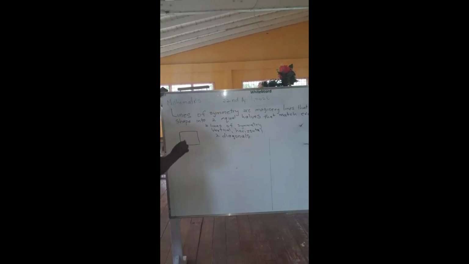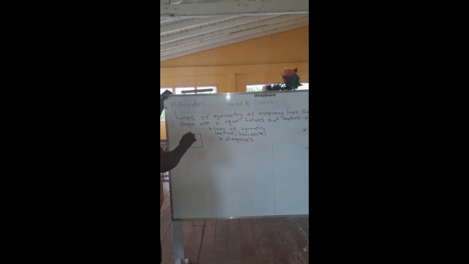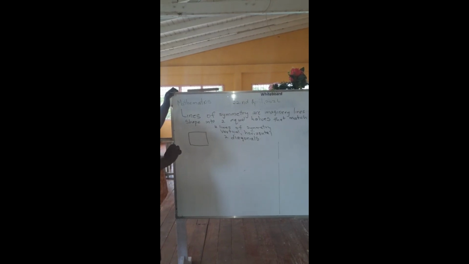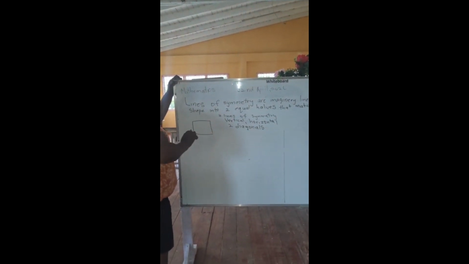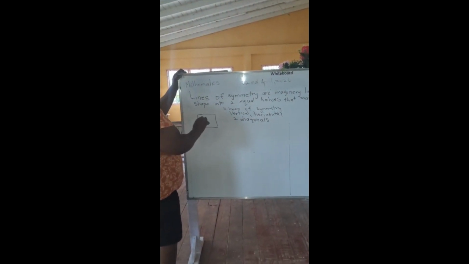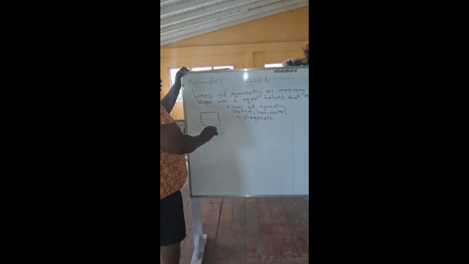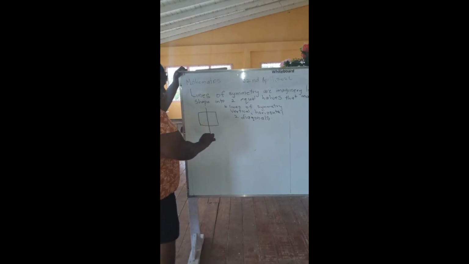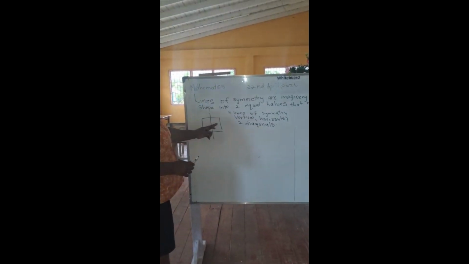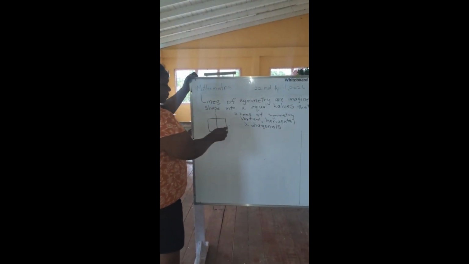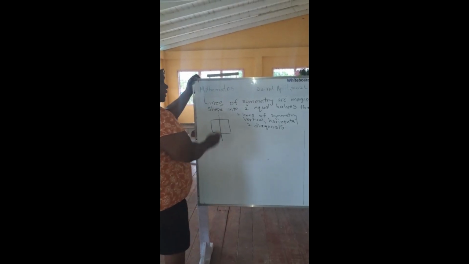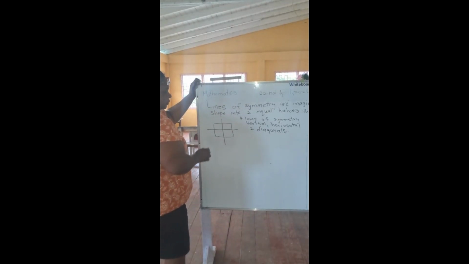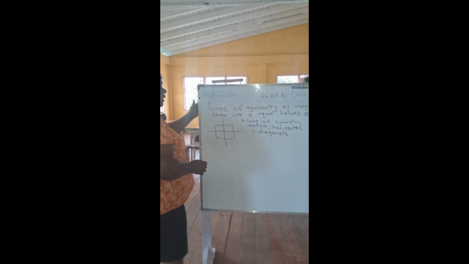So let's divide this shape now, put in our imaginary line or line of symmetry. The square has 4 lines of symmetry. Let's look at it. 1, and you look over here, you must see exactly the same thing. 1 vertical, 2 horizontal line.